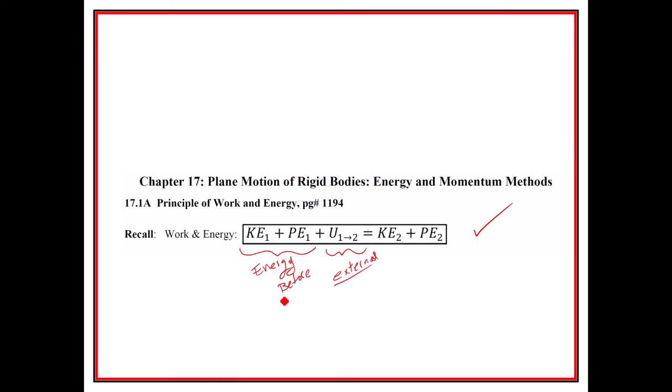The combination of that energy before and the external work is going to equal the energy after. So we start out with something happening to it, and we end up with something at the end. It's an energy balance, if you will. That external work could be positive or negative. Remember that friction is an example of negative work, taking energy out of the system.